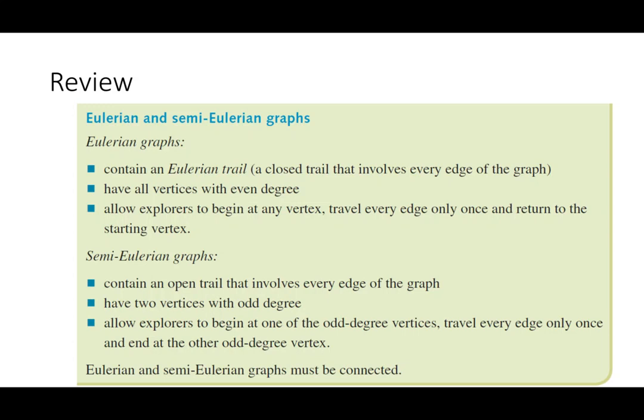All even. If it's two odd, what do we call that? Semi-Eulerian. So if a graph has an Eulerian trail, we say that graph is Eulerian. And that's just what we did on Monday.